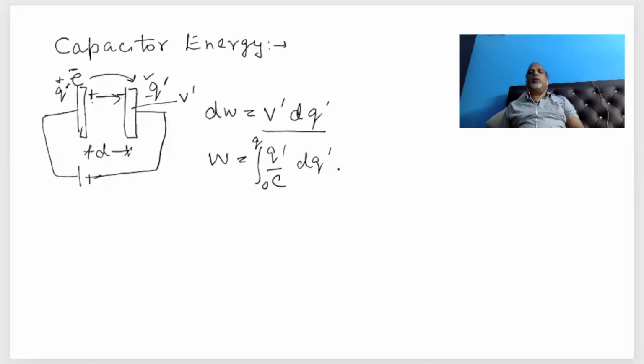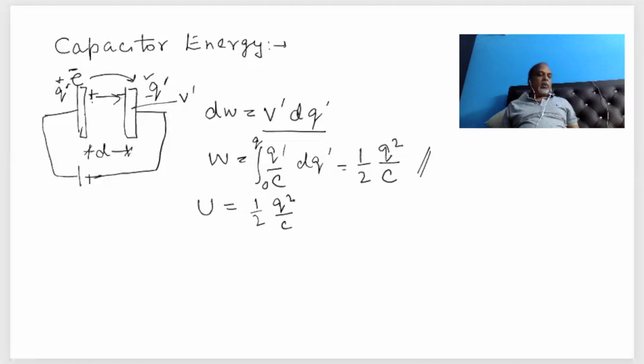I hope you understood this, and this will be nothing but 1 by 2 Q square upon C. So this is the work you have to do when the capacitor is fully charged with Q charge, and this work is stored in the form of energy in the capacitor.